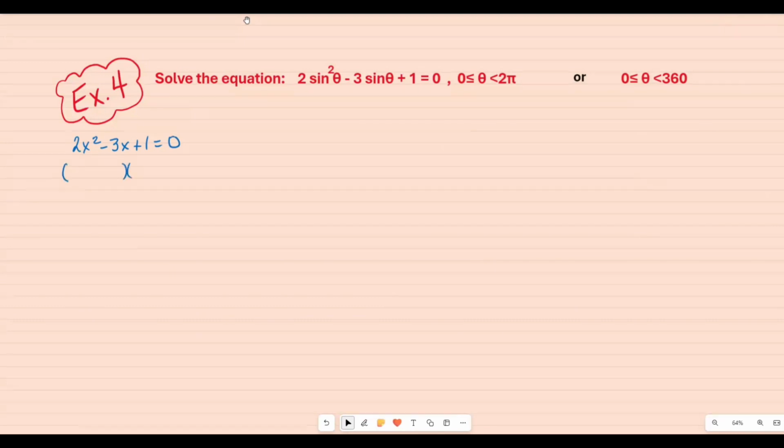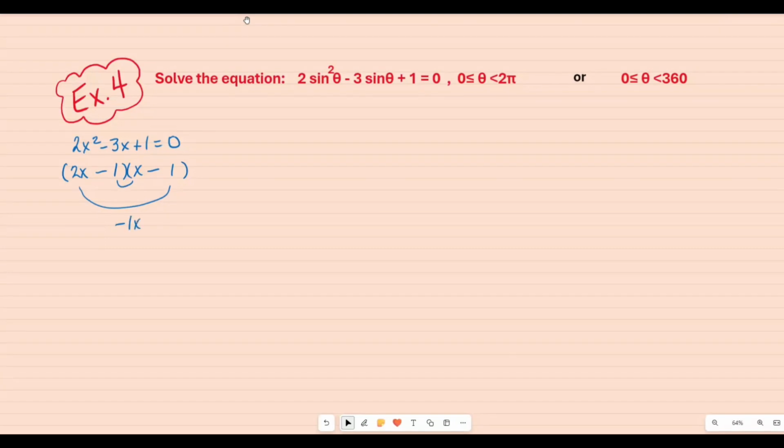So we know 2x times x is going to give us the 2x squared. And now we need to find something that's going to give us 1, and that's simply 1 times 1. And then you want to take what's on the inside, 1x, and you want to take what's on the outside, 2x times 1. You want to determine what the signs would be in order to get this negative 3x. Well, if I put a negative and a negative here, in the middle, negative 1 times x is negative 1x.